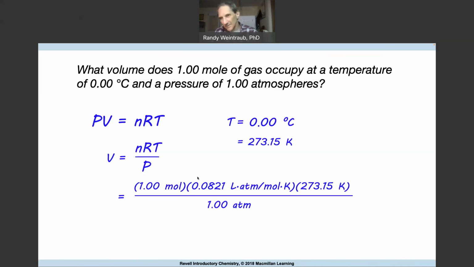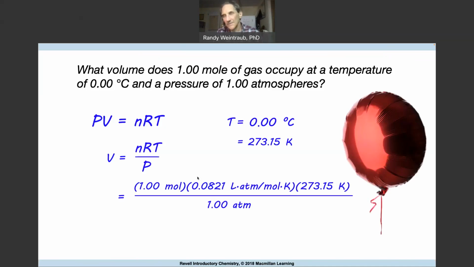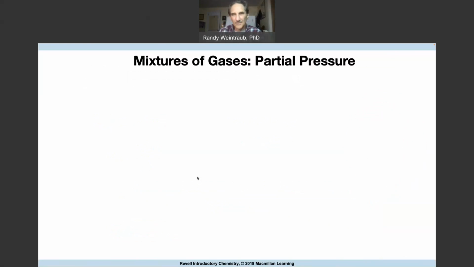We use the gas constant. You can see how units cancel out, and we are left with volume. And that volume is 22.4 liters. That's what we expect from 1 mole of gas at standard temperature and pressure.